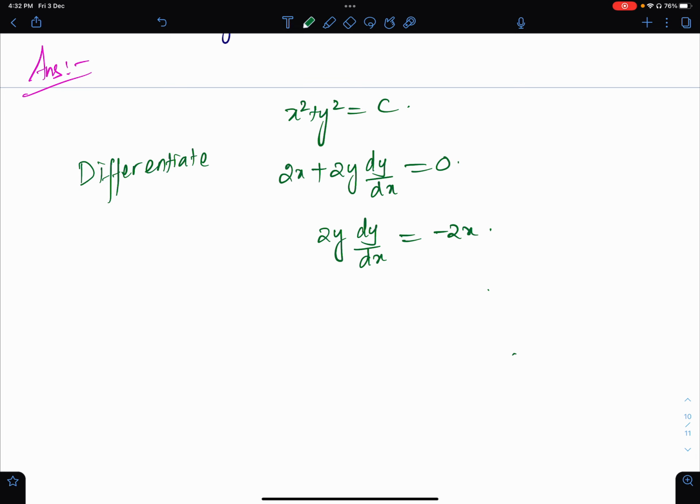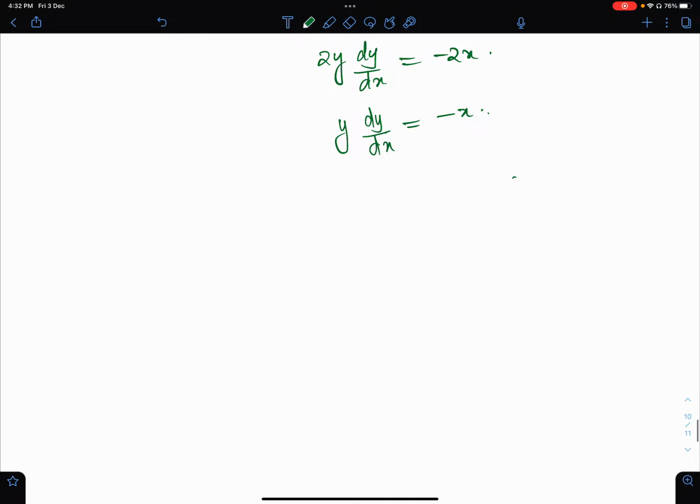So don't forget here, after cancelling 2, what do you get? You get y dy by dx is equal to minus x. Don't forget that step because we are trying to find the orthogonal trajectory. If you don't change dy by dx to minus dx by dy, again you will get the given equation.